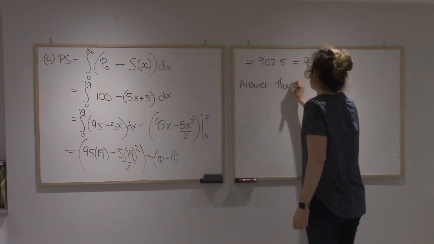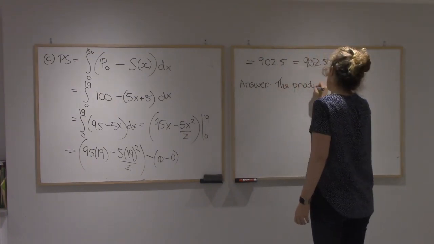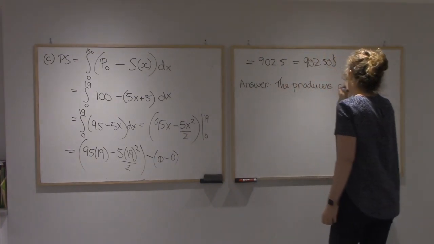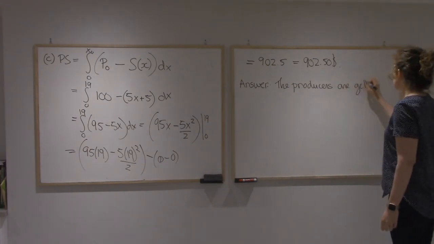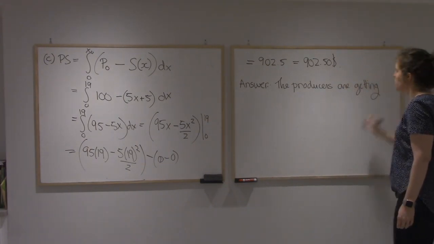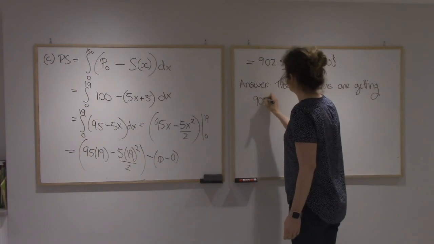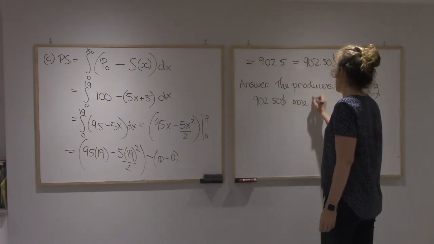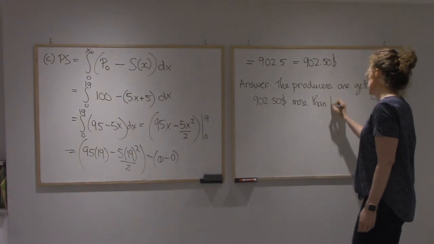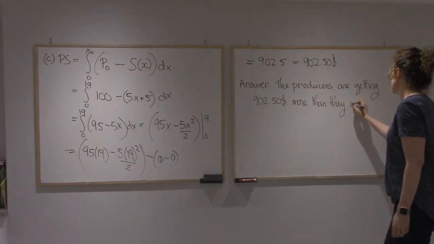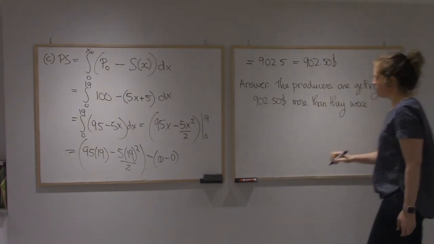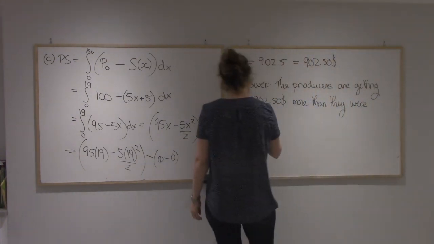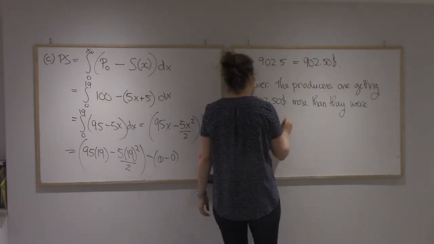And so the answer is that the producers are getting, at this equilibrium price, $902.50 more than they were willing to get.